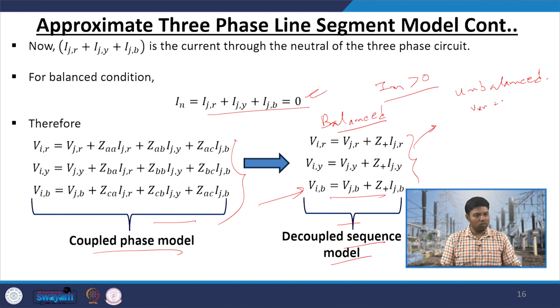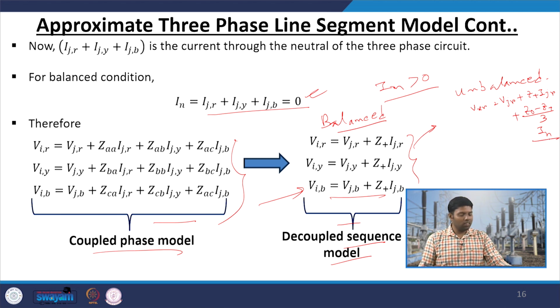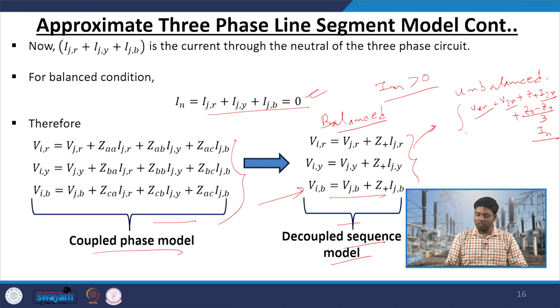VIR equals VJR plus Z plus IJR plus (Z0 minus Z plus) by 3 of IN, right. That means, by measuring only the neutral current and phase current and the receiving end voltage, you will get your sending end voltage, right. So, this is your unbalanced system, you can easily model with the help of sequence components.